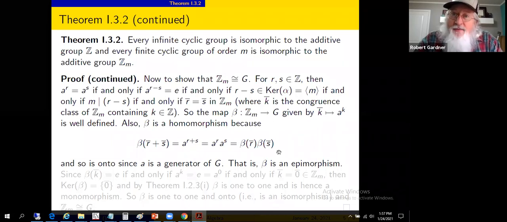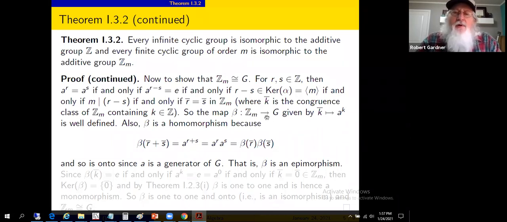That's a homomorphism, right? We've got a mapping from Z sub m into G. Z sub m is an additive group. There's your binary operation of addition of equivalence classes right there. And G, we're using multiplicative notation in group G, and there's your binary operation right between those two. So we are preserving binary operations, even though one group uses additive notation and the other one uses multiplicative notation.